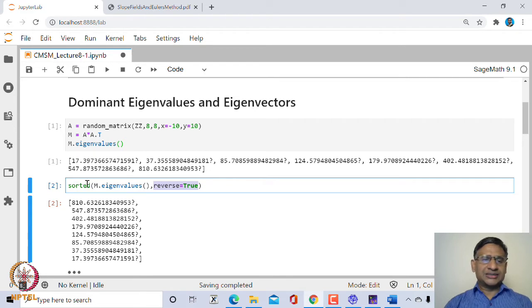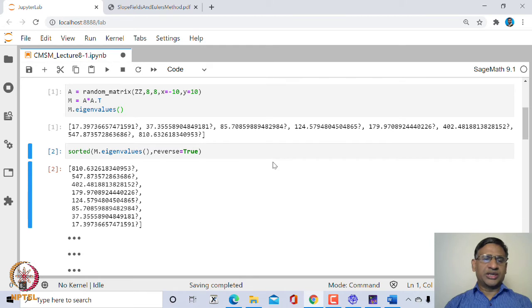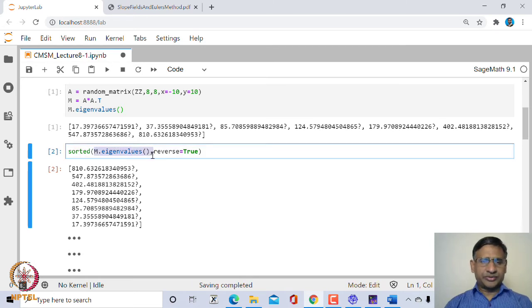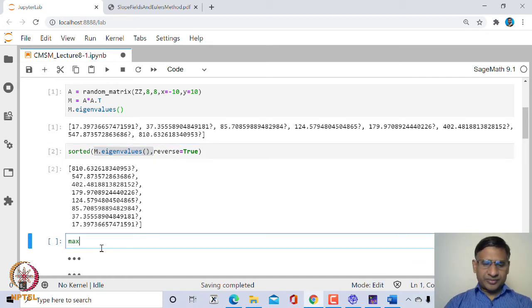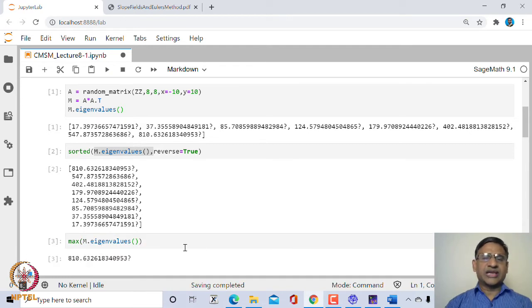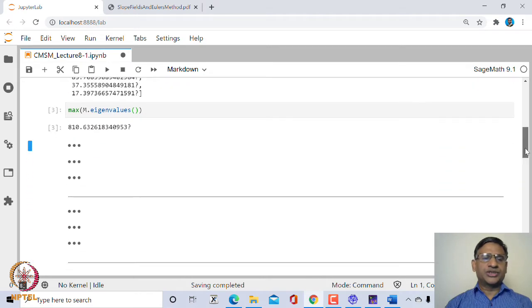So, Sage has an inbuilt method to find the dominant eigenvalue of a matrix. If you want to extract this dominant eigenvalue, you can simply find the maximum of the eigenvalues: if I say max of m dot eigenvalues, then I will get the maximum of the eigenvalues. This is what we want to find out using an algorithm which is known as the power method.